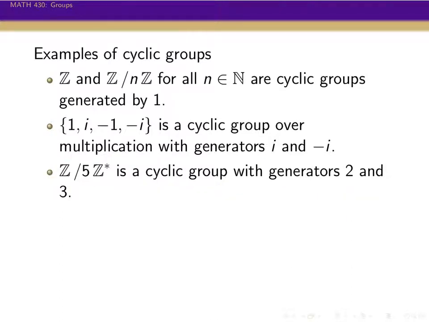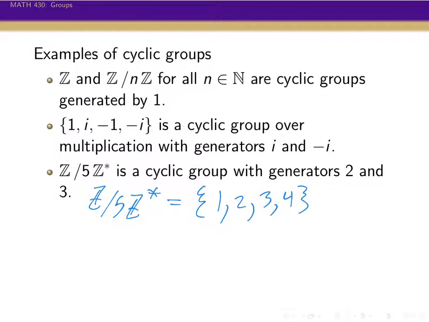Now, if we looked at Z mod 5Z star, remember this is the multiplicative group mod 5, well, this is a cyclic group, and we can use as the generators 2 and 3. Remember, because 5 is prime, this is going to be 1, 2, 3, and 4, where our operation is multiplication mod 5. If we look at the powers of 2, 2 squared is 4.